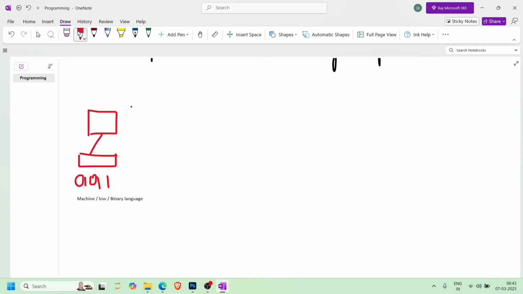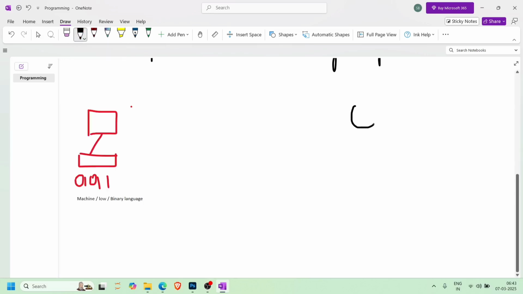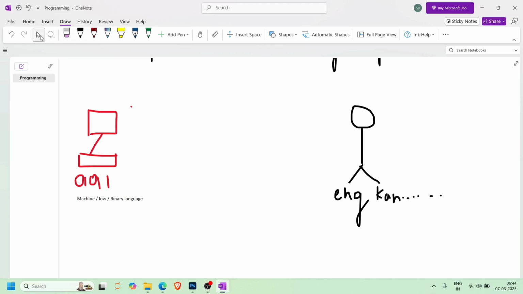Now, as a person, I want to give some instructions to the computer. We are normal persons and we speak languages like English, Kannada, etc. These types of languages spoken by us are called high level language or human level language.